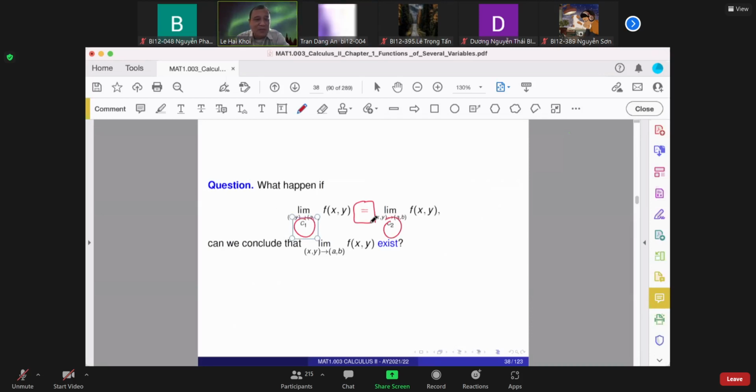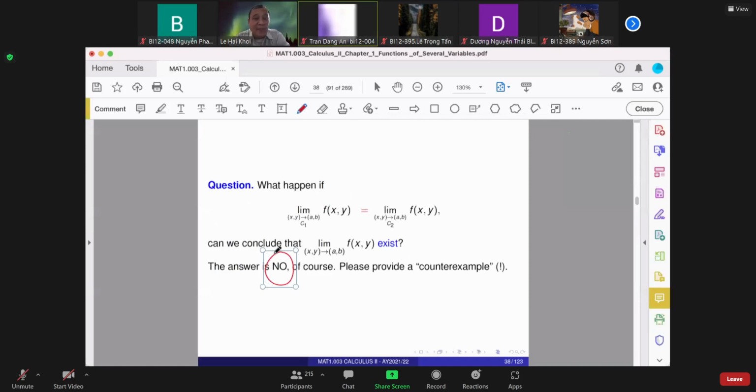Can we conclude that the limit exists? No, right? The answer is no, because it's not enough. You need any path passing AB along which the limit gives the same answer. But here we have only two, right?